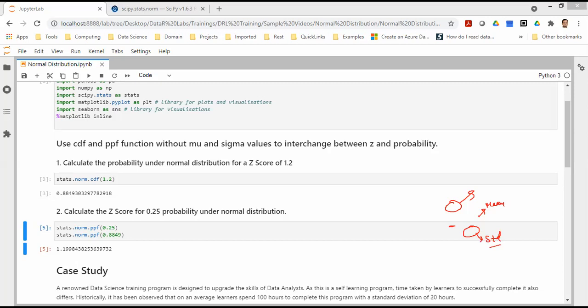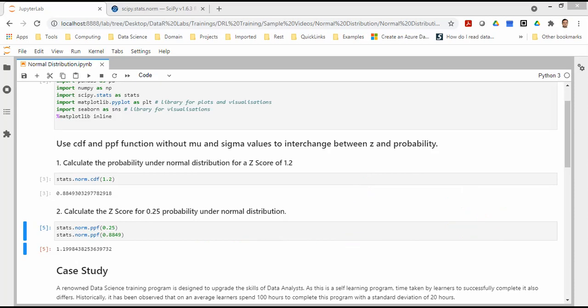So with this formula, I can juggle between the random variable X of the normal distribution and the standard normal distribution, where the value of Z at the mean is 0, and towards the right side it goes positive, and towards the left side it moves in the negative direction.